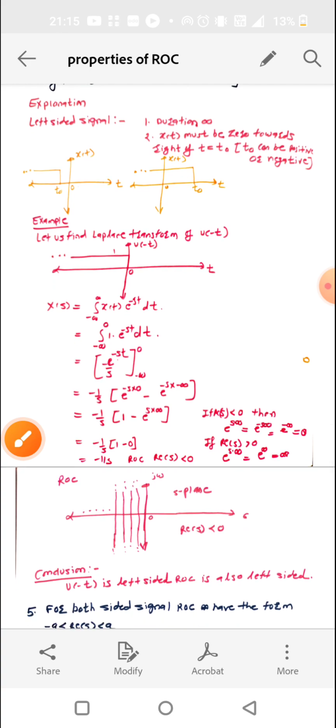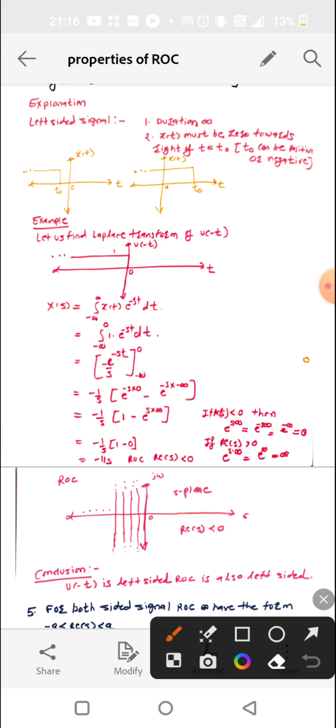X(s) is equal to the integral from minus infinity to infinity of x(t) e raised to minus st dt. So the limits are minus infinity to 0, because x(t) is u of minus t, which is equal to 1, e raised to minus st dt. So the integration is e raised to minus st divided by s, that is minus 1 by s, and limits are minus infinity to 0.